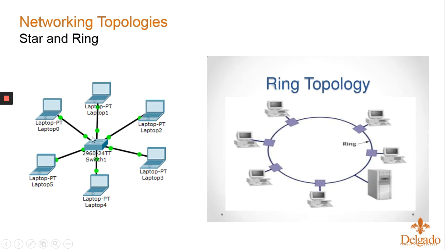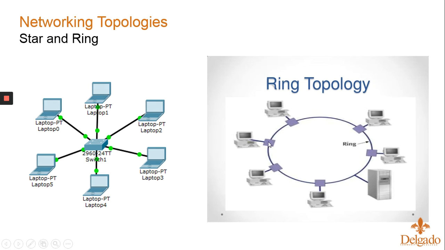In a star topology, we don't have the issue where a break loses the whole network. If I had a segment failure, such as this cord going to this computer, we lose that computer, but everything else is still working. But if the switch here in the middle fails, then obviously all of this stuff doesn't communicate with each other anymore.